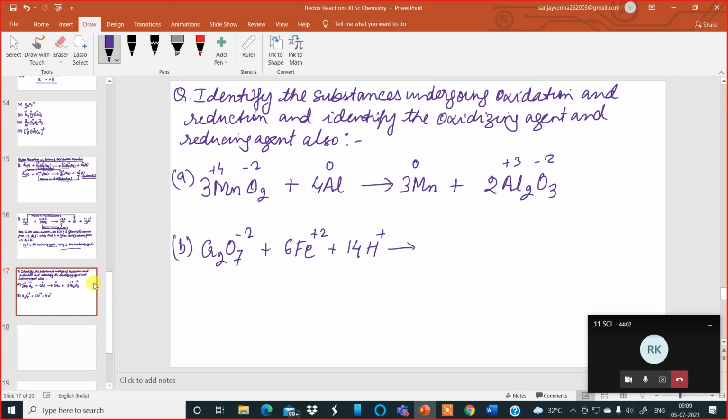It is forming 2Cr3+ plus 6 Fe3+ plus 7 H2O. Okay, so whatever you do, do this by heart anyhow.